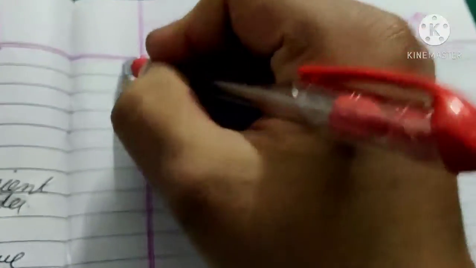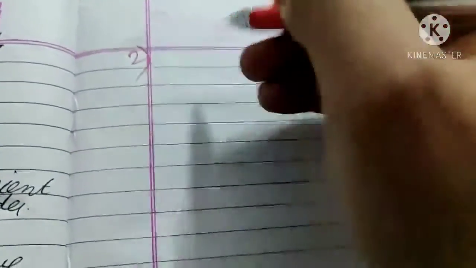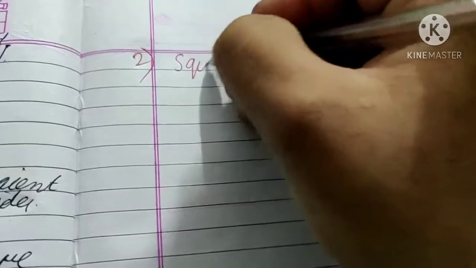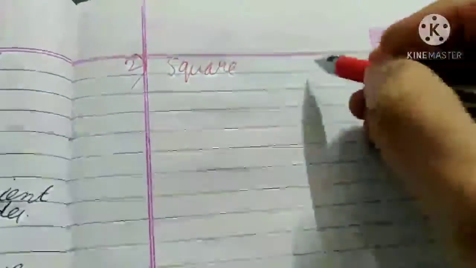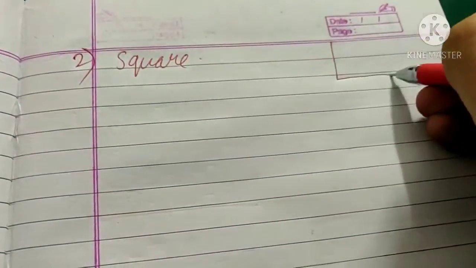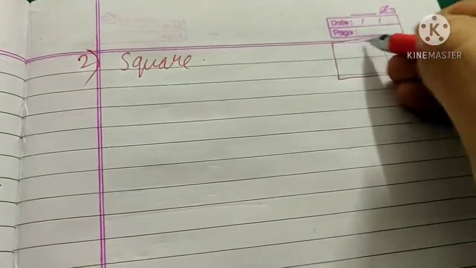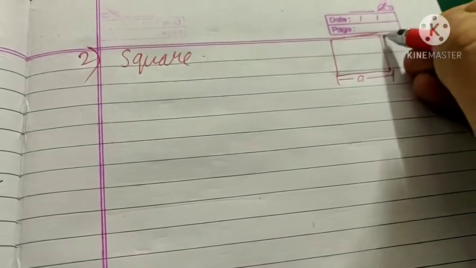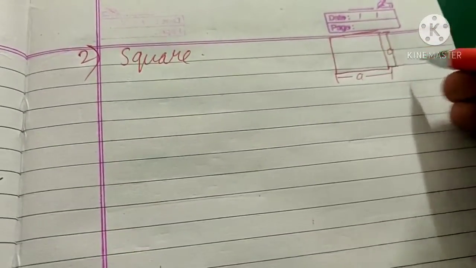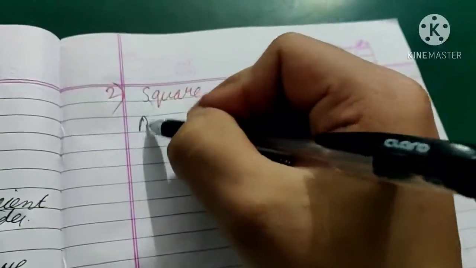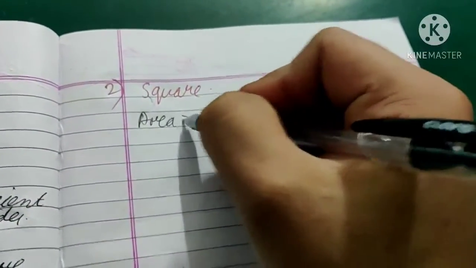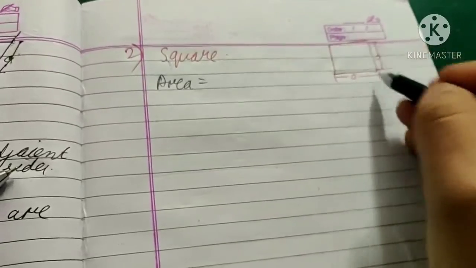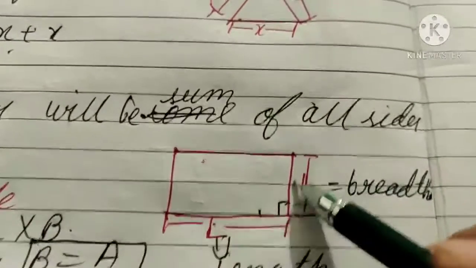So our next figure here is the area of a square. A square is this type of figure. Here this is A, so this will also be A. Now we have to calculate the area. The area of a square is A into A, like in a rectangle where we multiplied adjacent sides.